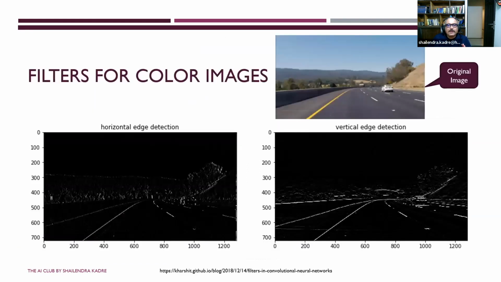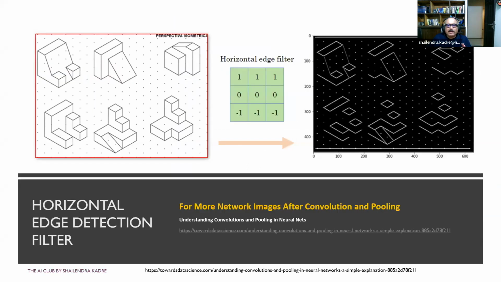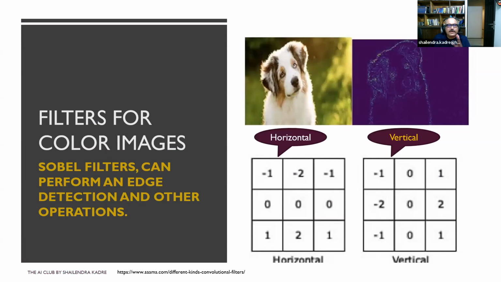In a single image, to capture all the details, you never do convolution with one filter. Usually you use 32 filters, 62 filters, 128 filters, to capture different details.